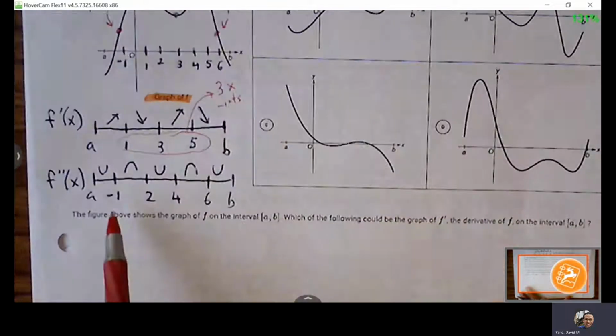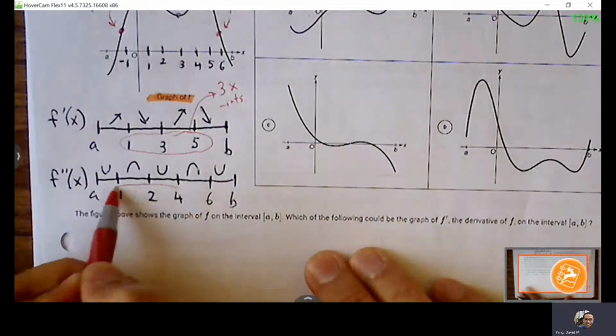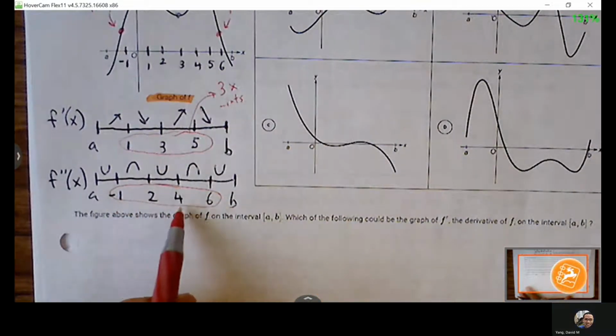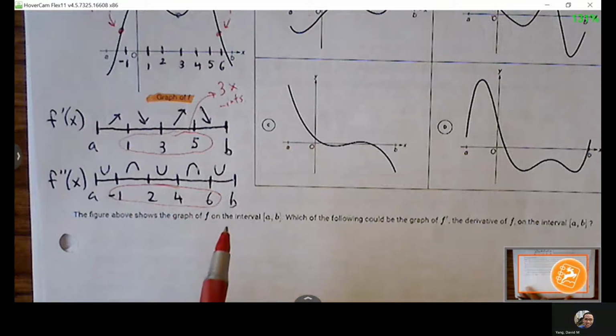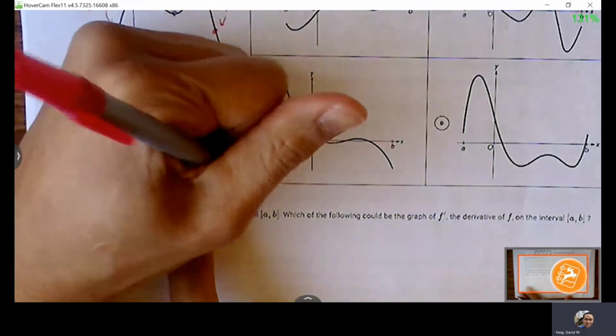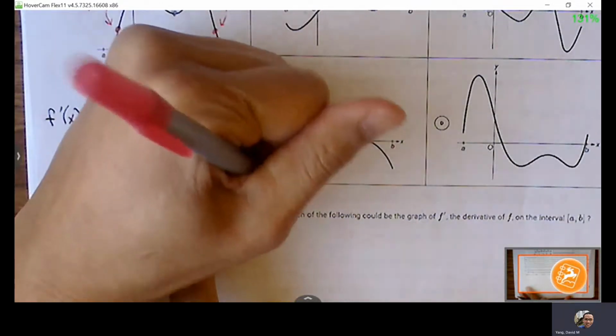And how are the points of inflection going to show up on the F prime graph? Peaks and valleys, right? So that means we're looking for 4 max and mins, 4 peaks and valleys.